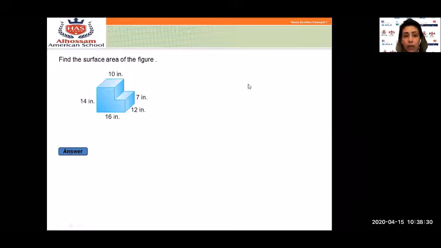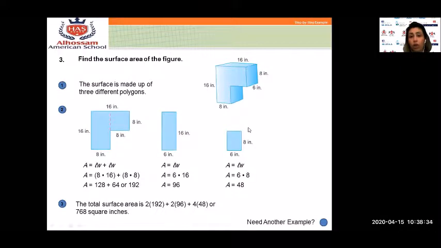Okay, this question is like that one, guys. So here we will split the figure into its faces individually, and find the surface area of each face, and then multiply the area of the face by the number of its faces.